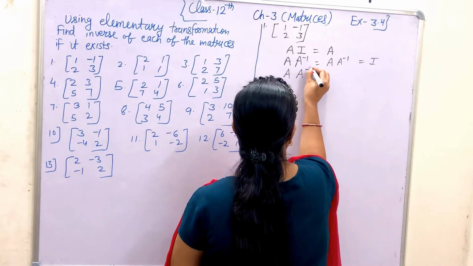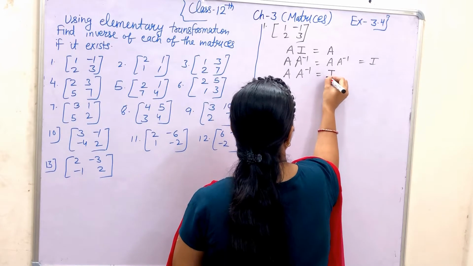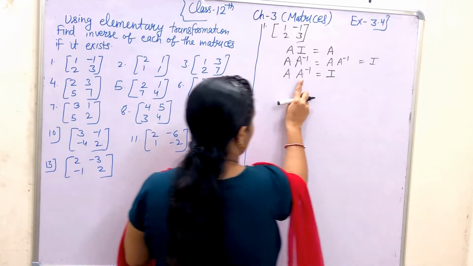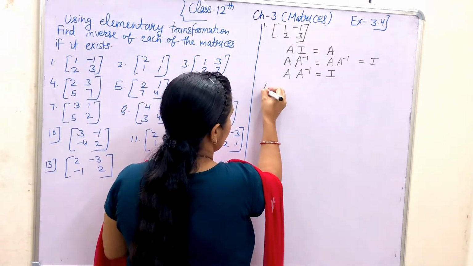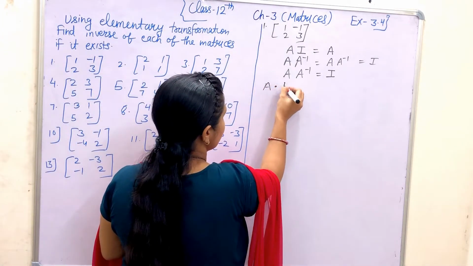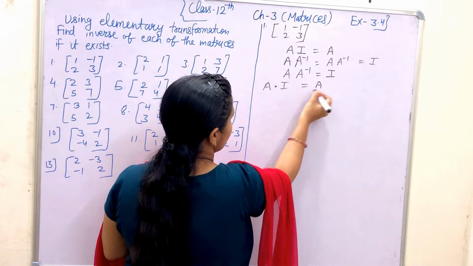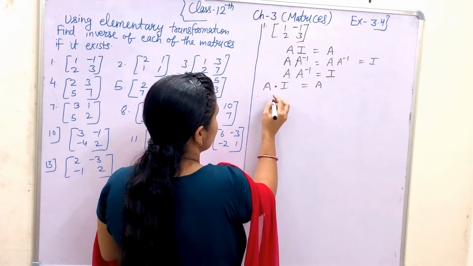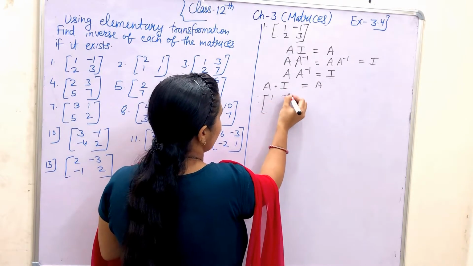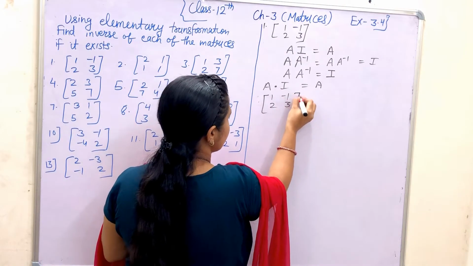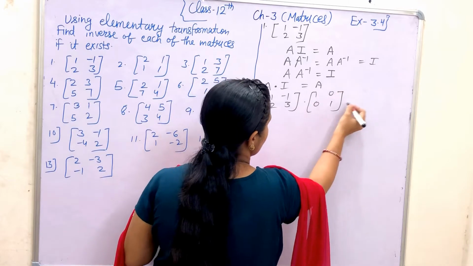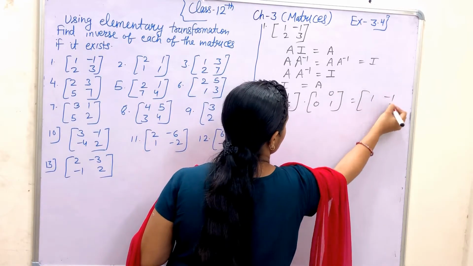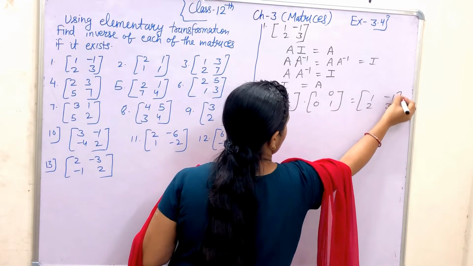So if I make here identity, then I get here A inverse. So A identity equal to A. A matrix is given 1 minus 1 2 3. Here identity is 1 0 0 1. Here is 1 minus 1 2 3.